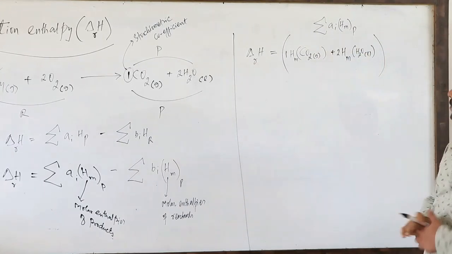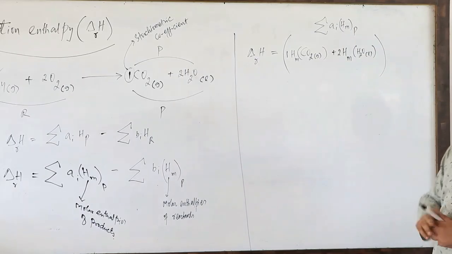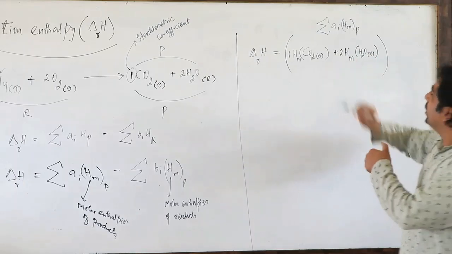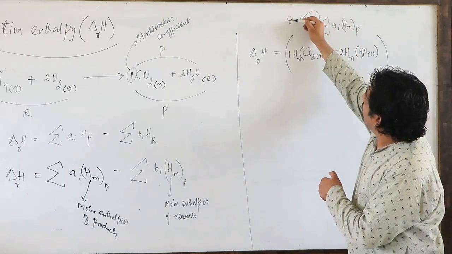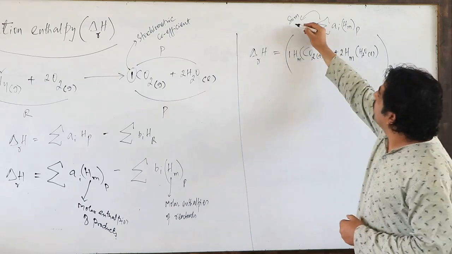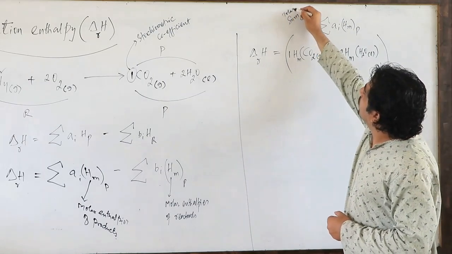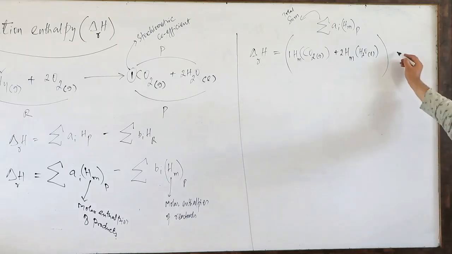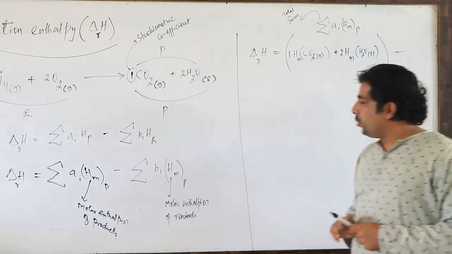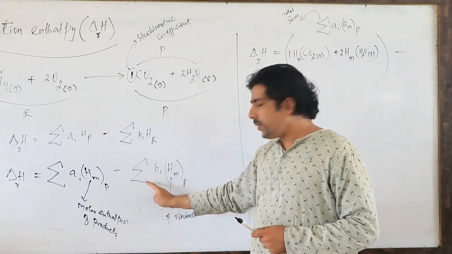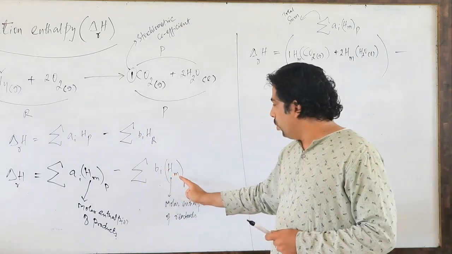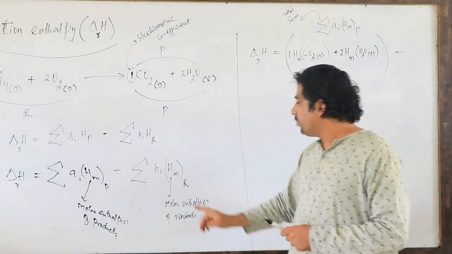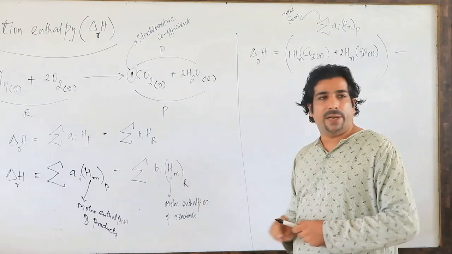This entire expression, my dear friends, because here the products are carbon dioxide and water, so I have taken their sum. This symbol will represent the summation, or total sum. Correct? Now, minus. I have to take the sum of the molar enthalpies of reactants, my dear friends.